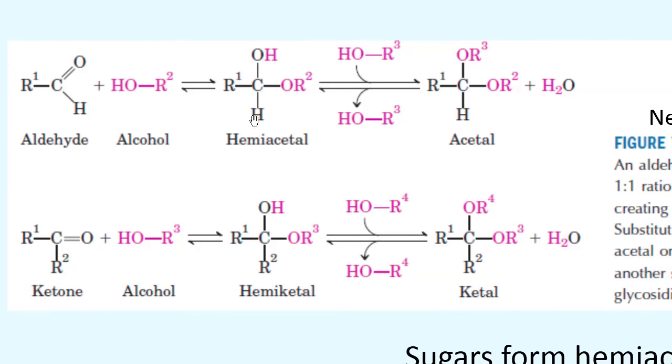Thus aldose sugars upon cyclization turn into hemiacetal, and keto sugars upon cyclization become hemiketal. When one cyclic monosaccharide, hemiacetal or hemiketal, undergoes condensation with another monosaccharide to form a glycosidic bond, they are converted into respective acetal or ketal.